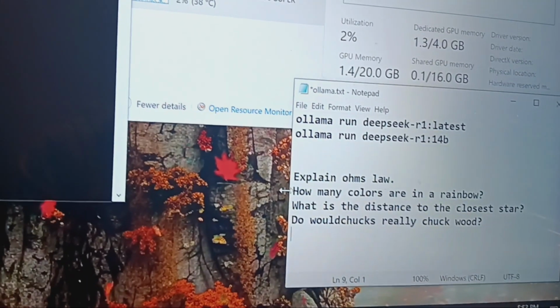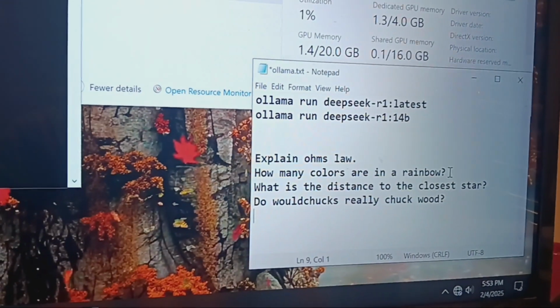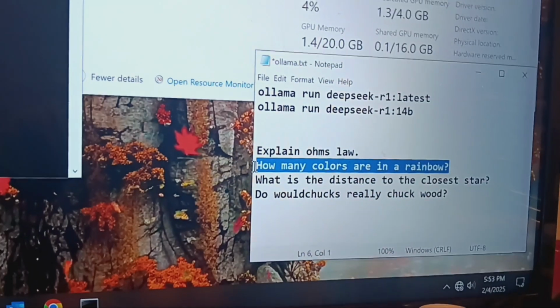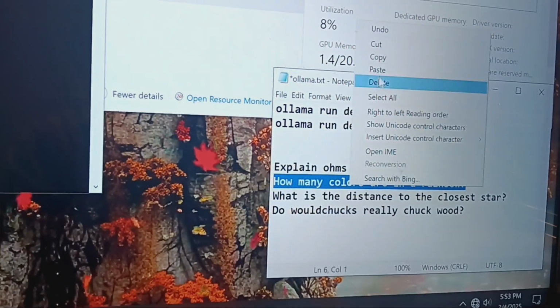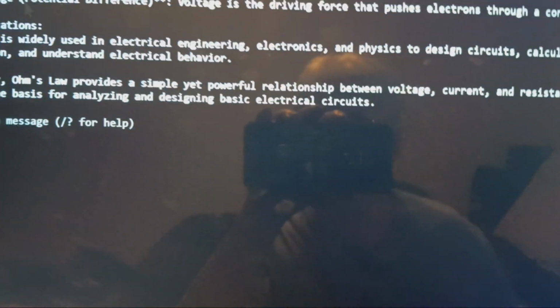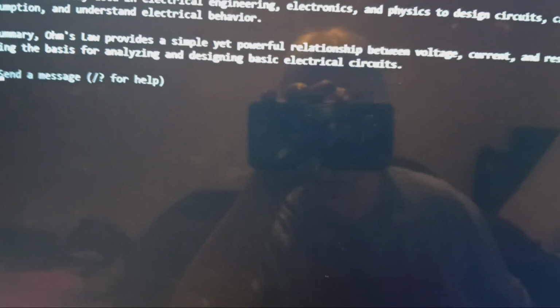This was the first question I asked. So now I'm going to ask the second question: how many colors are in a rainbow? And let's see what it says. Control V. Oh, doesn't like that, huh? Edit. Paste. There we go. All right. So it's thinking.